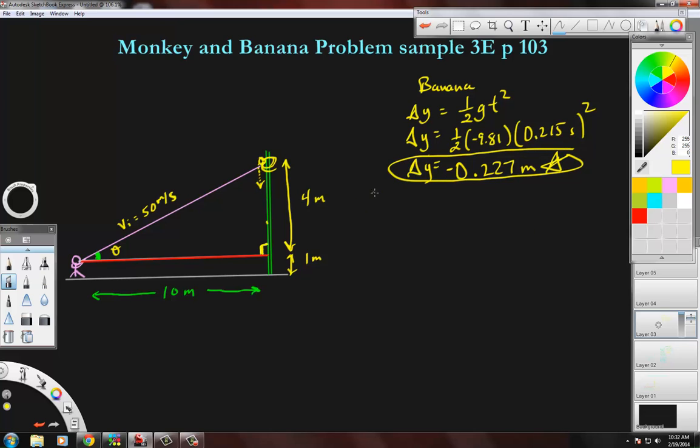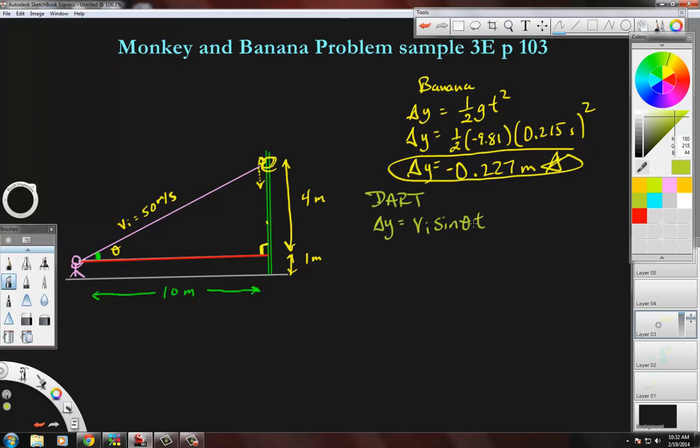Now, let's deal with the dart. We'll get a dart color. It's a little bit greener. For the dart position, we got yet another formula. And it looks like this. Delta y equals vi sine theta t.